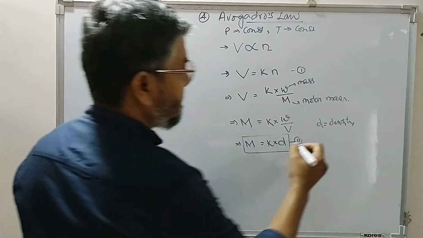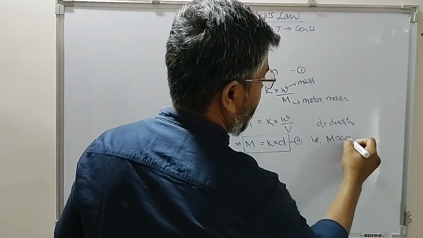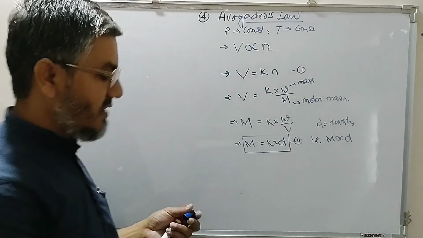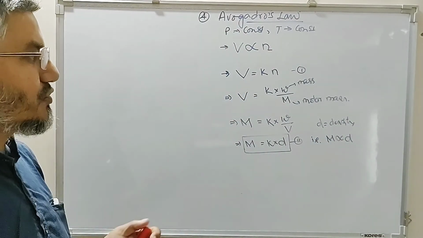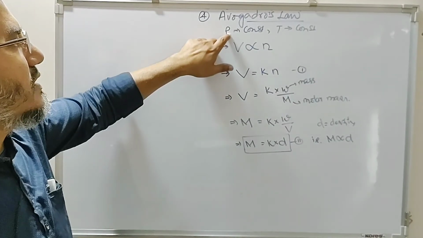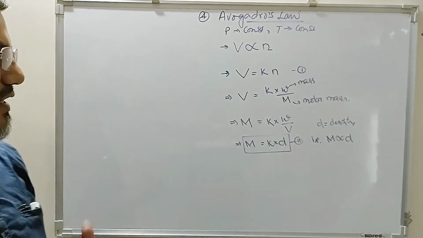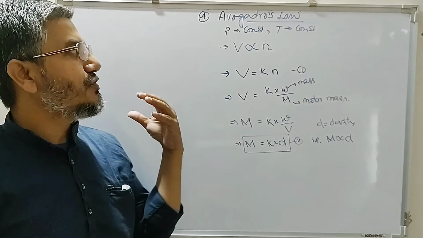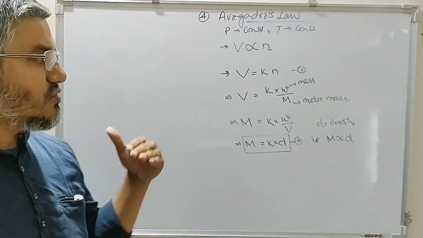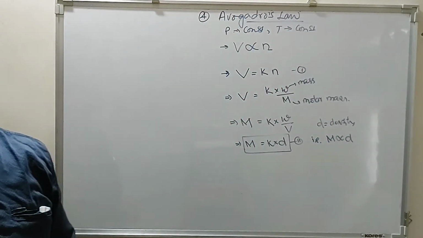So molar mass of the gas is always directly proportional to the density of the gas provided pressure and temperature remain constant. So at a given pressure and temperature, the molar mass of the gas is directly proportional to density. This is also known as Avogadro's law.